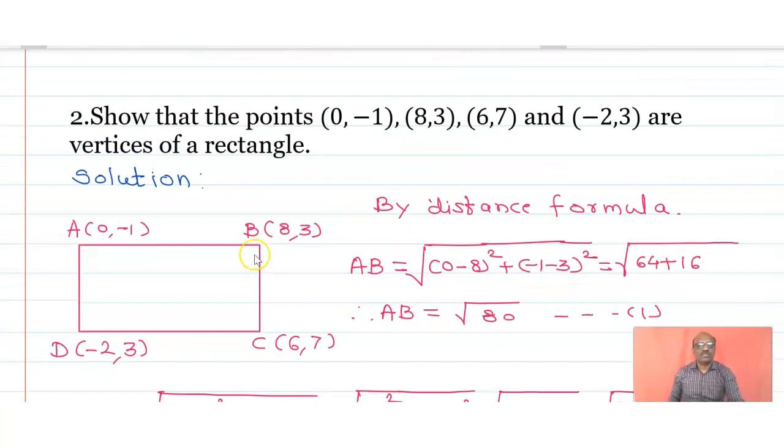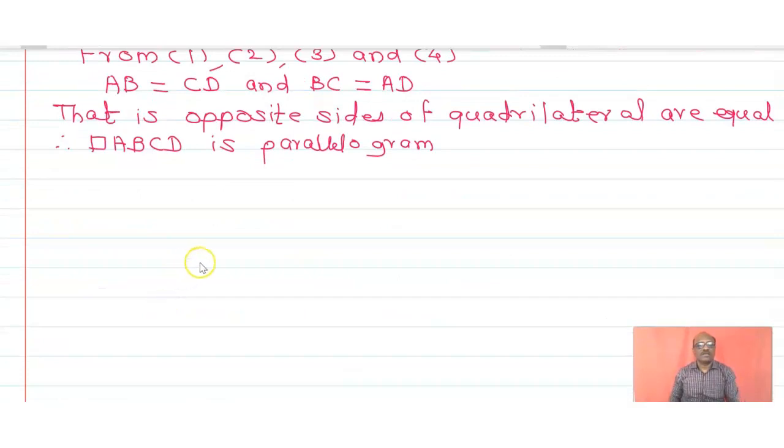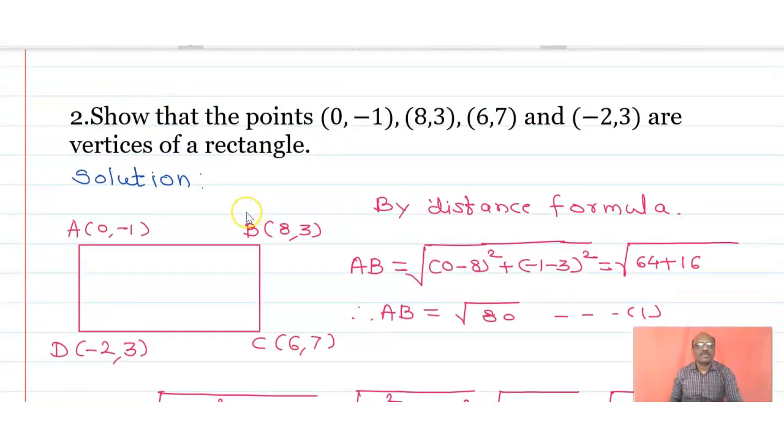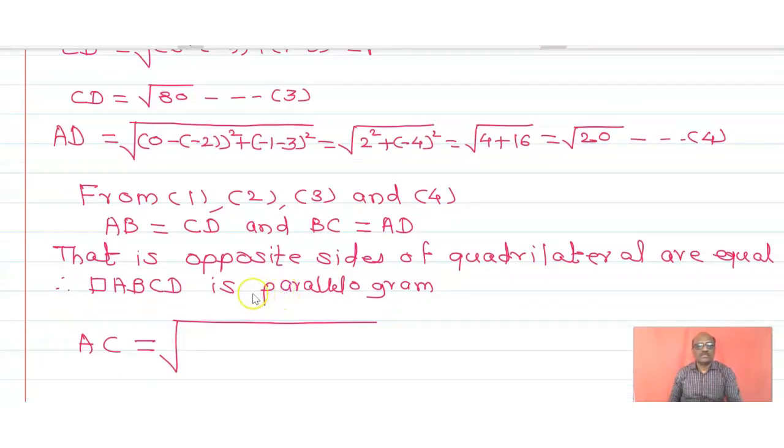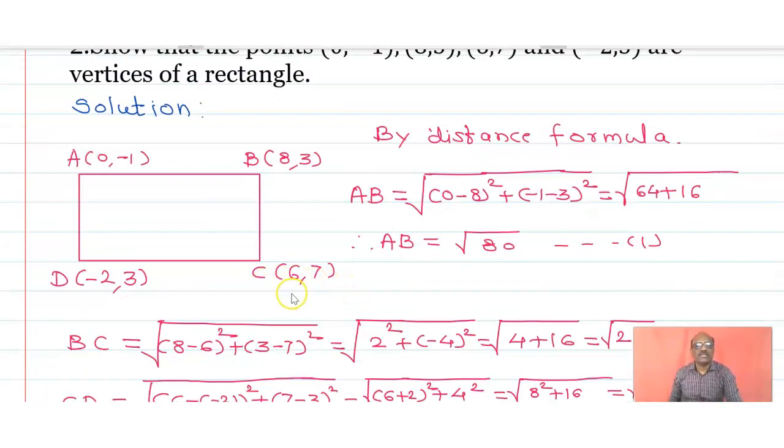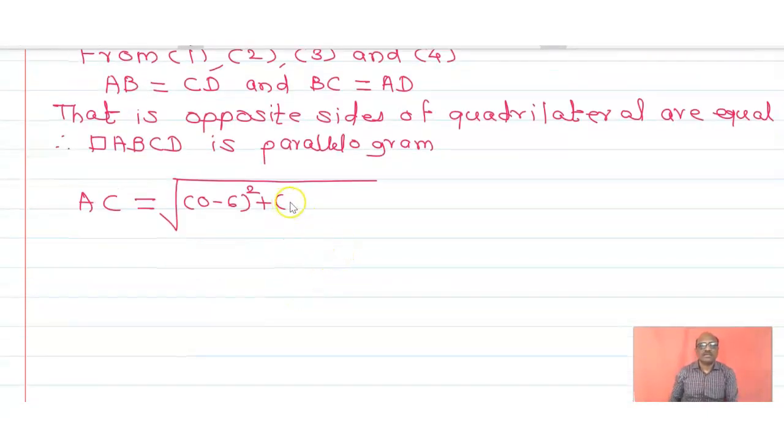Now we will find out the length of the diagonals, that is AC and BD. Now here AC is equal to the root of (0 minus 6) squared, this is the first one. Next is (-1 minus 7) squared.